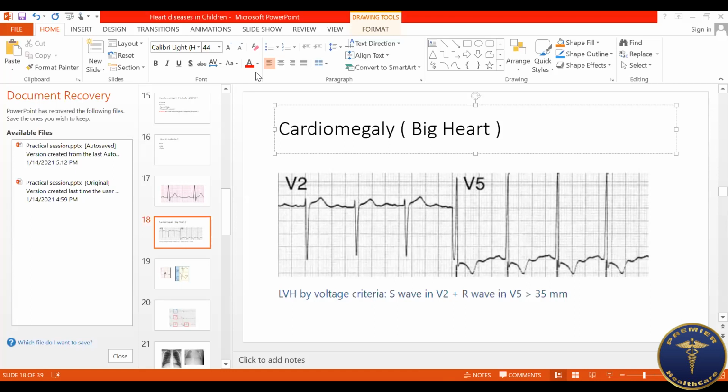Don't say echo, because most of the base hospitals will not have echo facilities. What you do is ECG. ECG will show V2 and V5. Remember that: V2, V5, R wave plus S wave total, if it is more than 35 millimeters, that is cardiomegaly.